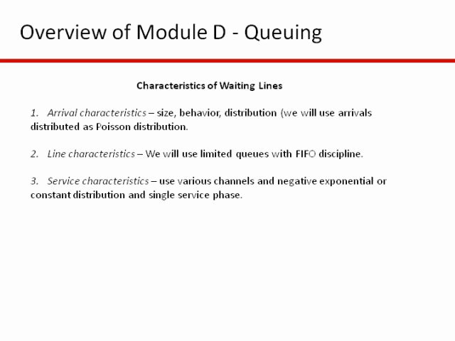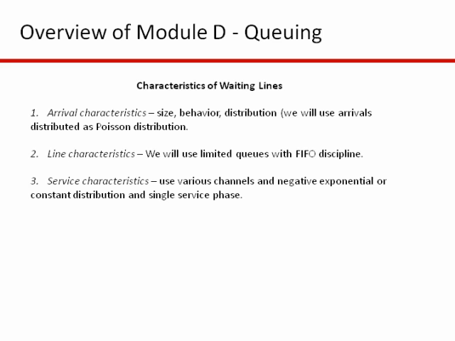And then we're going to look at, once they get in line, do we limit the size of the line? Do we require first in, first out? So again, we are going to use unlimited lines, and the first one who comes is first served. And then the last thing about lines is how are people in the line served?